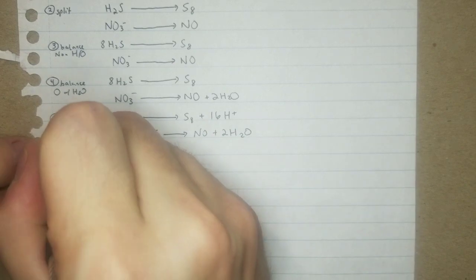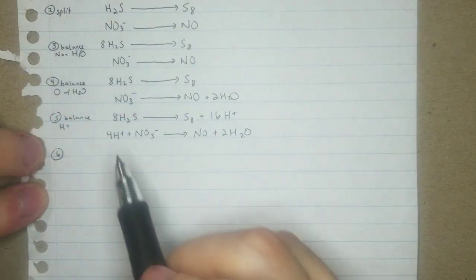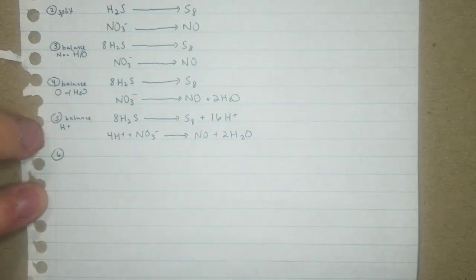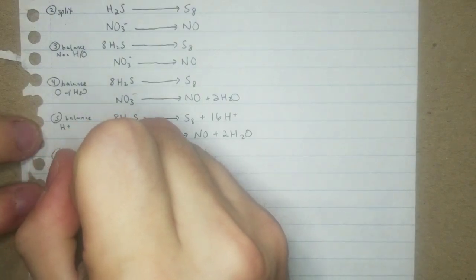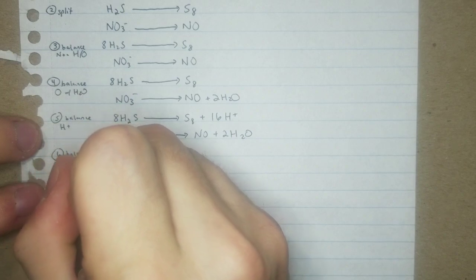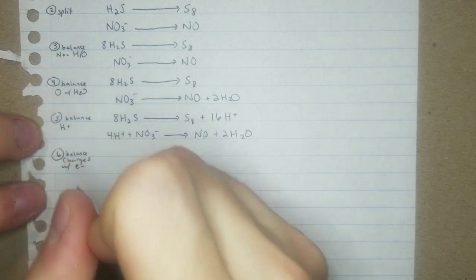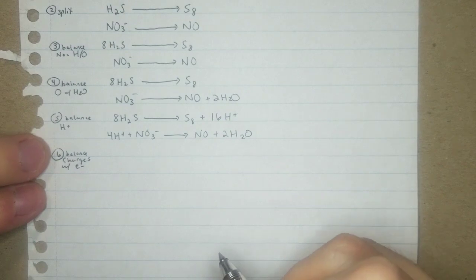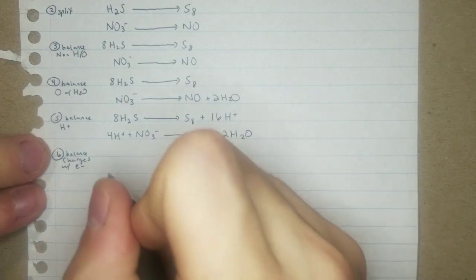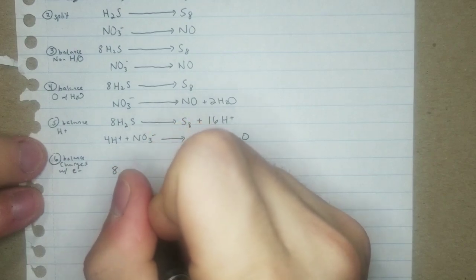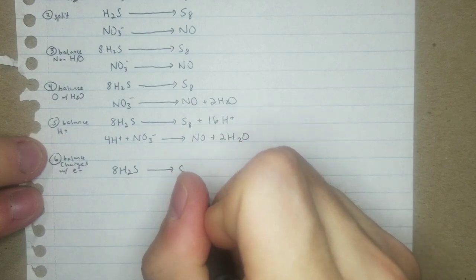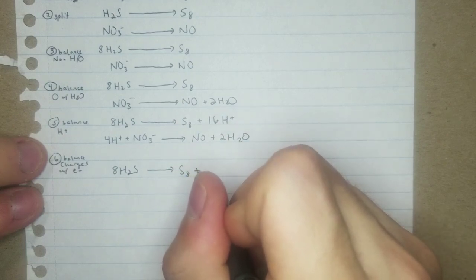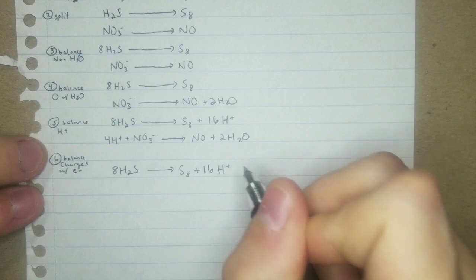So now we're on to step 6. We balanced our H's, we balanced our O's. Now we're going to balance our charges. Okay, so first off we have, I'm just going to space down the 8 H2S yields S8 plus 16 hydrogens.